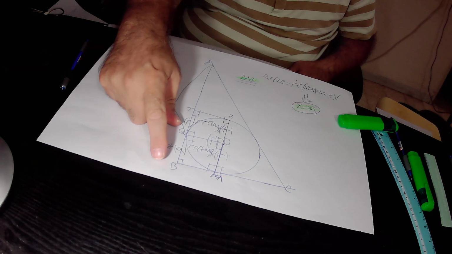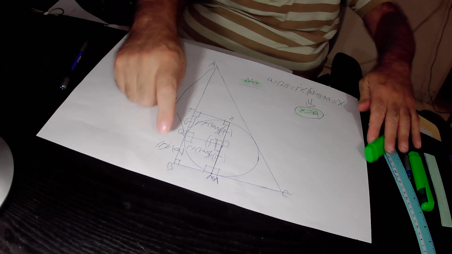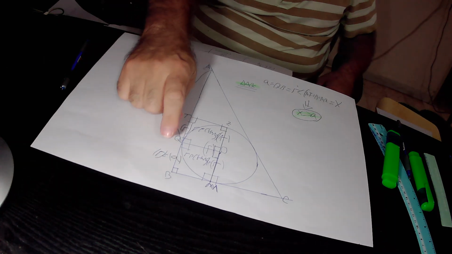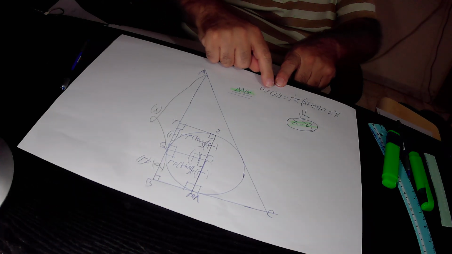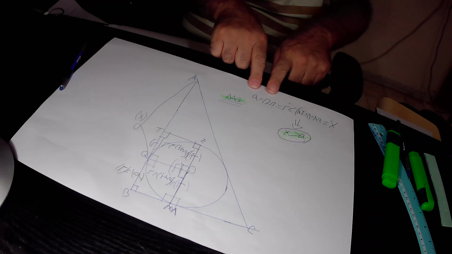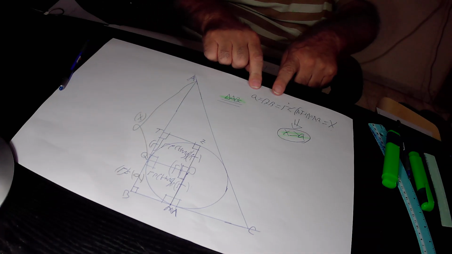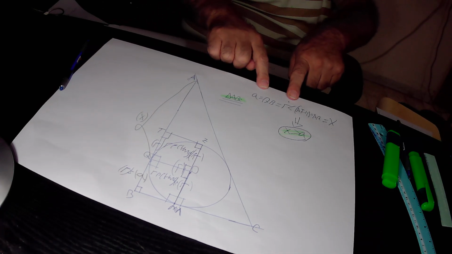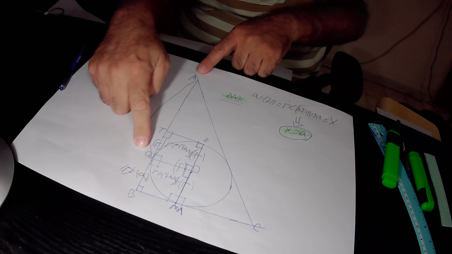So we already found out that QB equals A and A equals R. So I copy this equation here. Again, QB equals A and QB also equals R. AQ equals AT plus TQ.